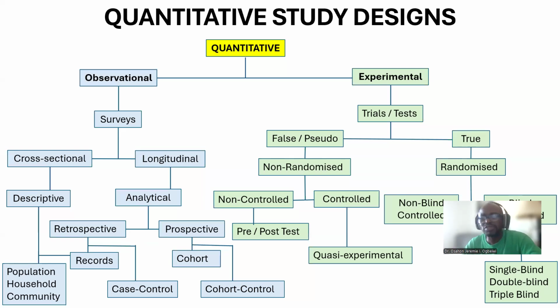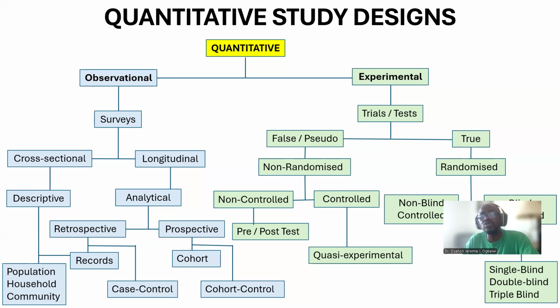If you observe into the future as events happen, then you call that a prospective study. If you observe over a period of time in the past, then you call that a retrospective study. These studies usually examine records.